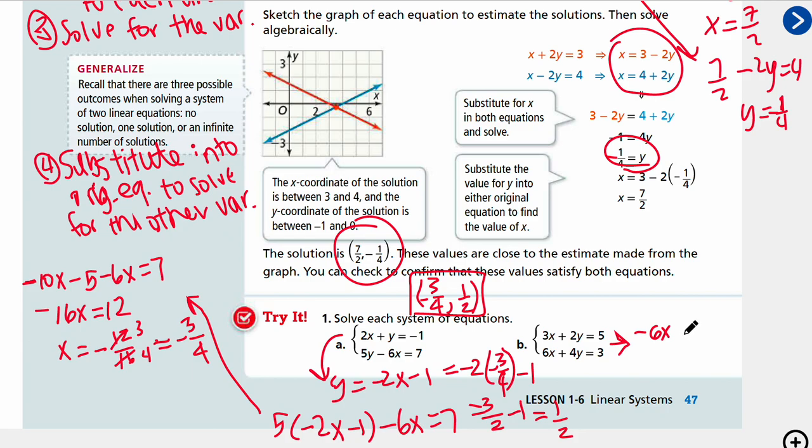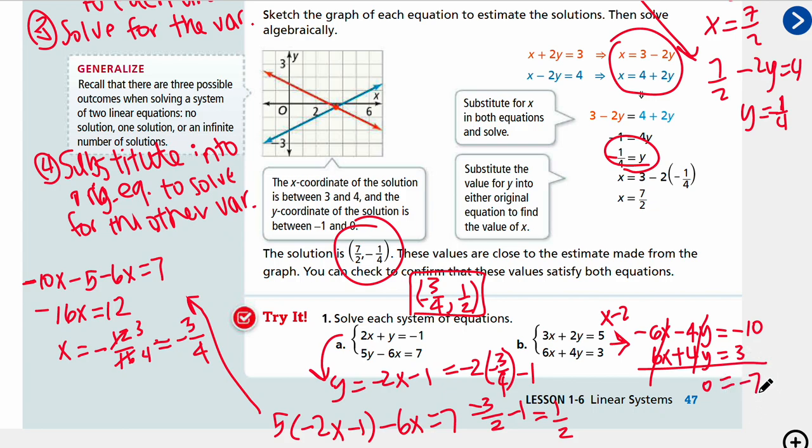If you multiply by negative 2, you have negative 6x minus 4y is equal to negative 10. And then we have 6x plus 4y equals 3. And then you add these two equations together. So then x is 0x, it's gone. Y is 0y, it's gone. So then we have 0 is equal to negative 10 plus 3, which is negative 7.